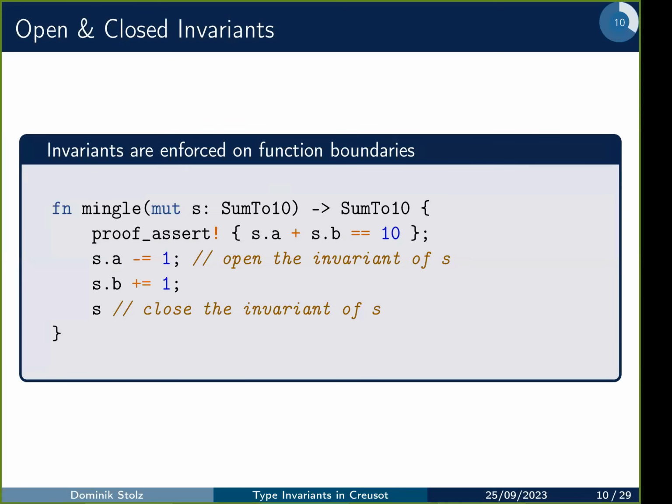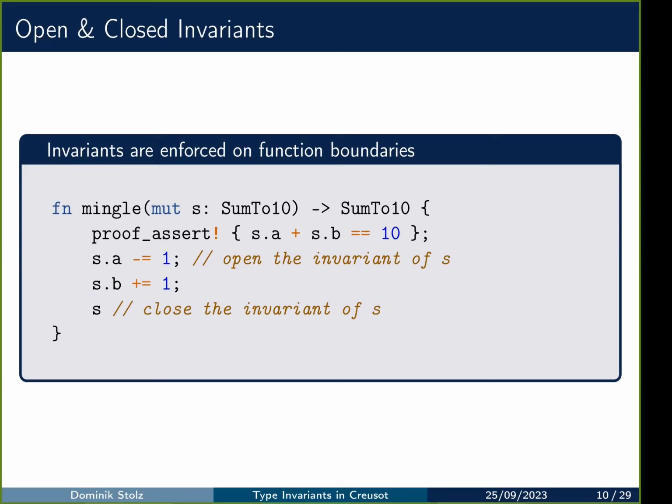Okay, so to answer the first question, our boundary for where invariants have to hold and where they can be temporarily broken are function boundaries. So here we have a function mingle, and this function takes a SumTo10 value and returns a SumTo10 value, but internally it temporarily breaks the invariant by decreasing the field a by 1 and then increasing the field b also by 1.